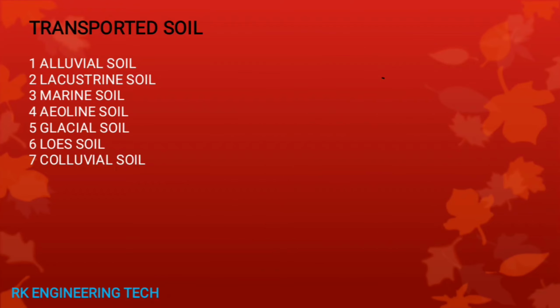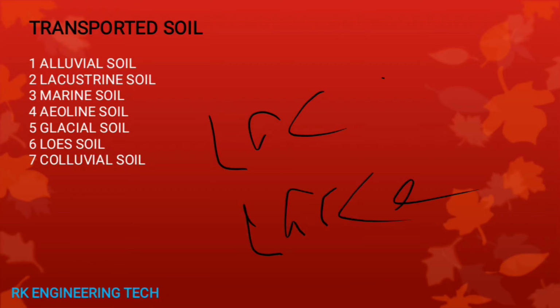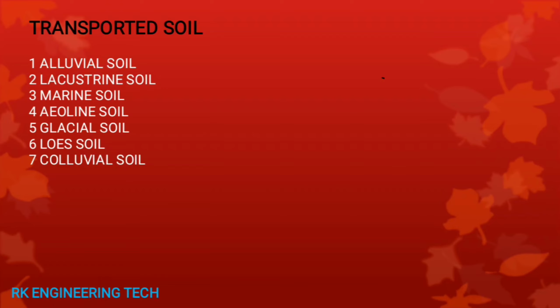Next is lacustrine soil. You can see here LAC. What does it mean? Lake. So you can get the rough idea: the soil obtained from the lake. I'm not going to describe all the terms because I only have to provide tips and tricks.